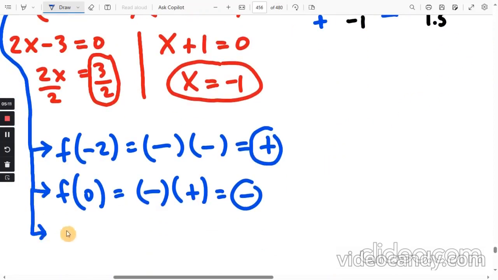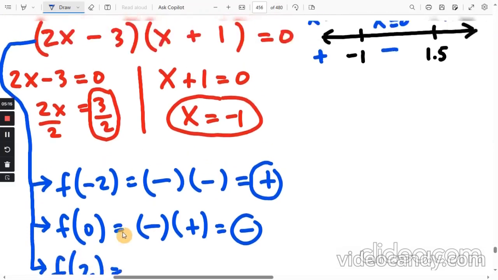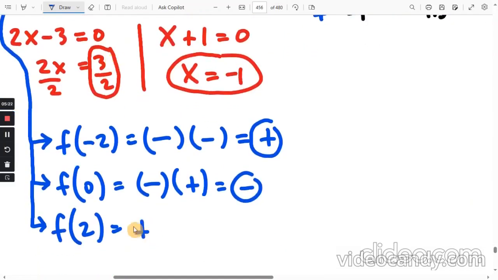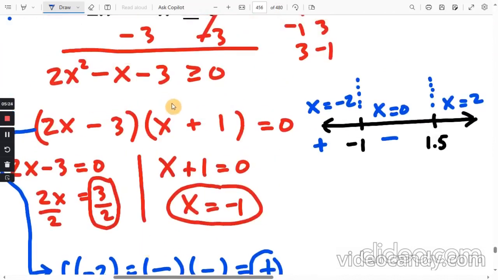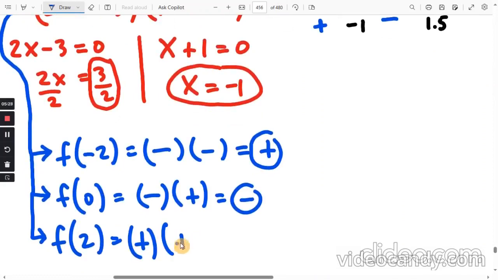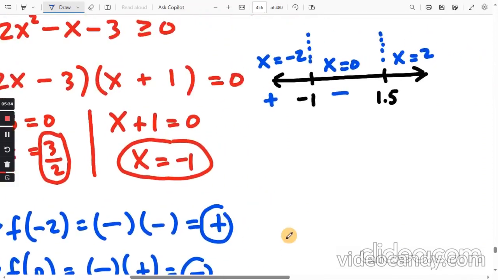We already did f of negative 2, and now we're going to do f of positive 2. Positive 2 times 2 is 4, minus 3 is positive 1. And 2 plus 1 is 3, that's positive. Positive times positive is positive. So this section is positive.